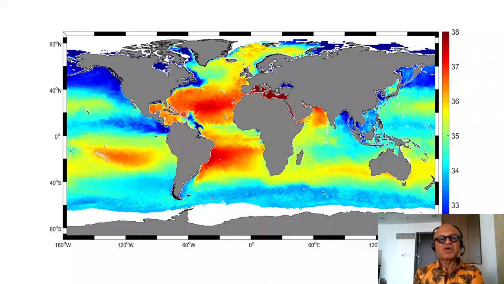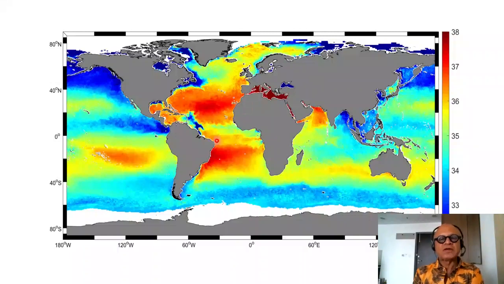In addition, if you look at the distribution of salinity, the North Atlantic is very salty, especially if you compare the GIN Sea region and similar latitudes in the Pacific. Even though sea surface temperatures are much colder, this is the salinity map here, the fact that the North Atlantic is much more saline makes it easier for it to evaporate and then add some more salinity and create deep waters, which is what happens.